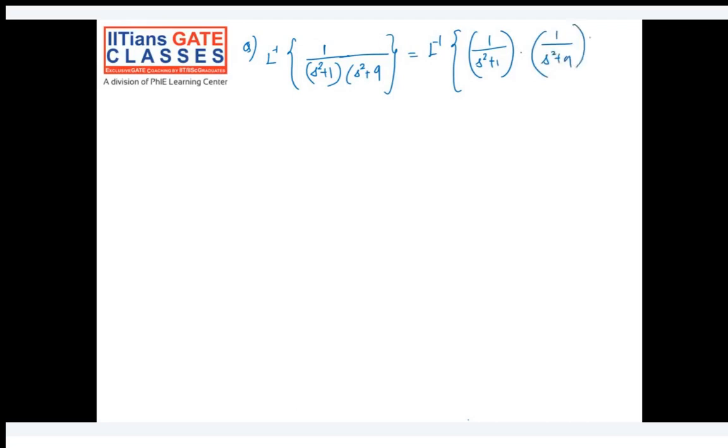So this is your f bar of s, and this is your g bar of s. So corresponding f of t is 1 upon 1 sin t, and here it is 1 upon 3 sin 3t.